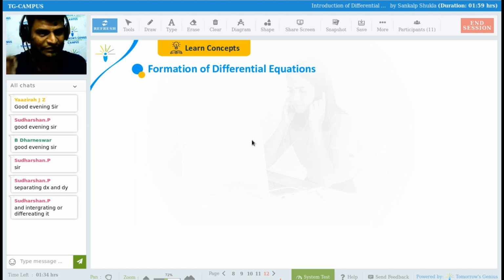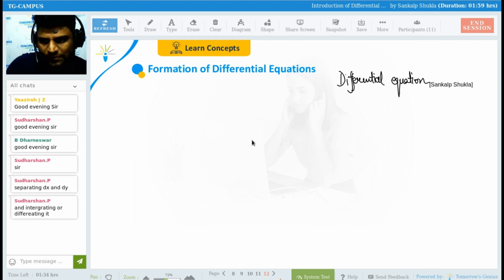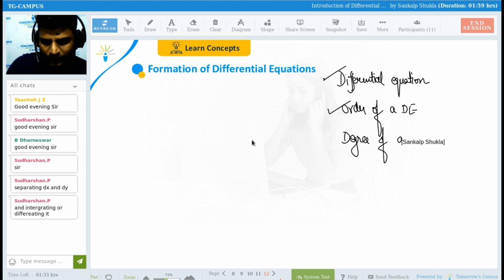Okay. So now we'll officially start this chapter from this concept. So differential equation is clear to you. Order of a DE is clear and degree of a DE is clear.